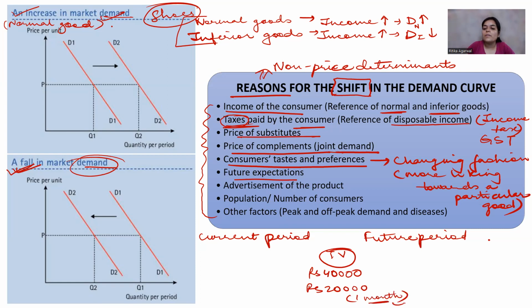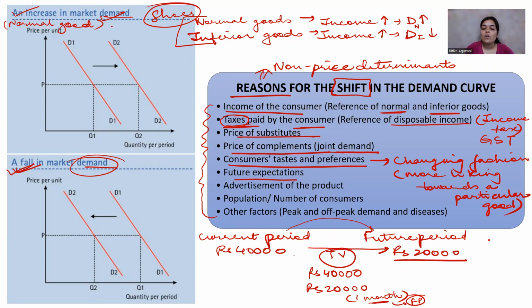So this is a future period. So we'll write here rupees 20,000, and here it will be rupees 40,000. So since you are present in the current period, obviously, if you know that in the future period, you will be getting the same TV for rupees 20,000, no rational human being will purchase the TV today.